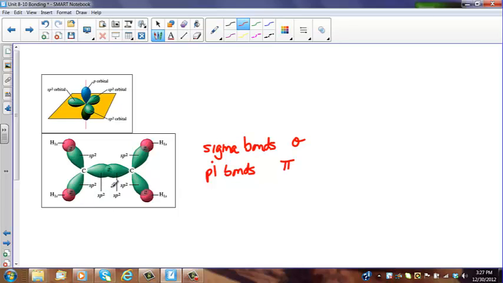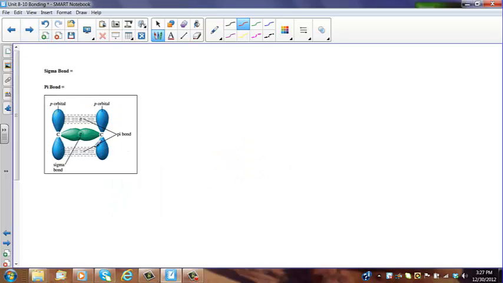Sigma bonds, the electron pair that is shared in the same plane, okay? So the electrons that are being shared here are being shared in the same plane as the atoms. As you'll see in the next picture, that's the sigma. The pi bond, which is the other half of the double bond, is shared in a plane either above or below the central atom plane.